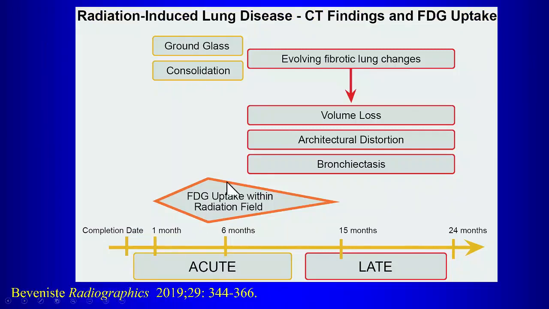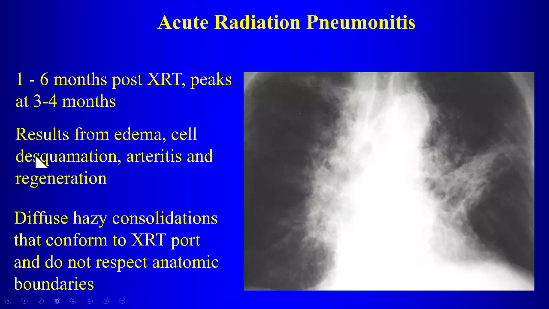You have to be careful here if the patient has a PET scan because these post-radiation changes will be very active on your PET scan. So it's going to be hard to differentiate that from neoplasm very early on. And then that goes on to a fibrotic phase later on, once you get out to about a year later, and you get architectural distortion and bronchiectasis representing the post-radiation fibrosis.